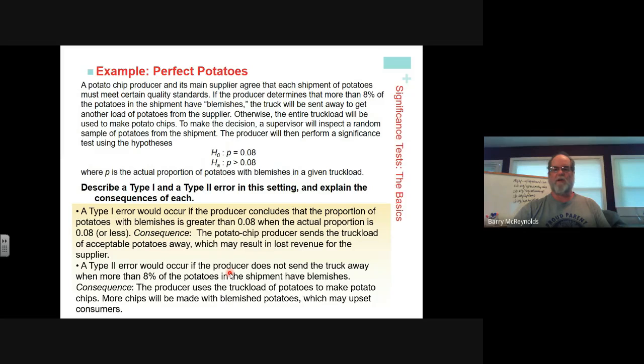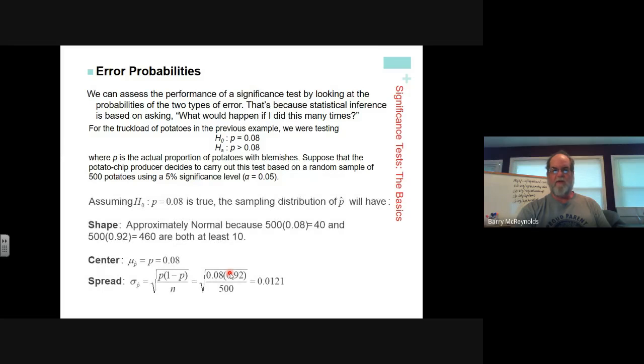Okay, so that's the type 1 and type 2 error, and we went through these calculations for what it means that the significance level is at 5% or with 95% confidence.